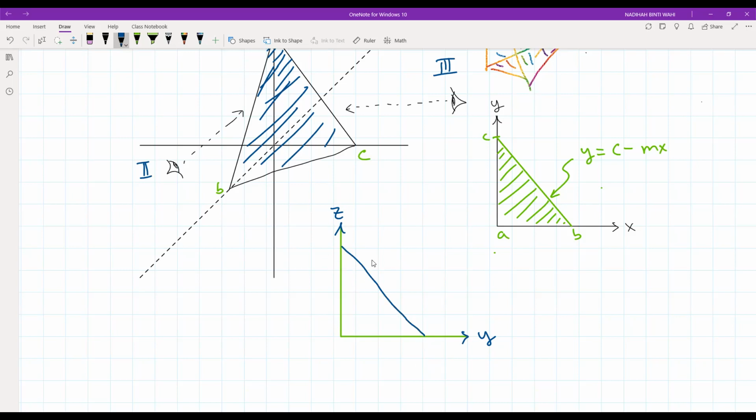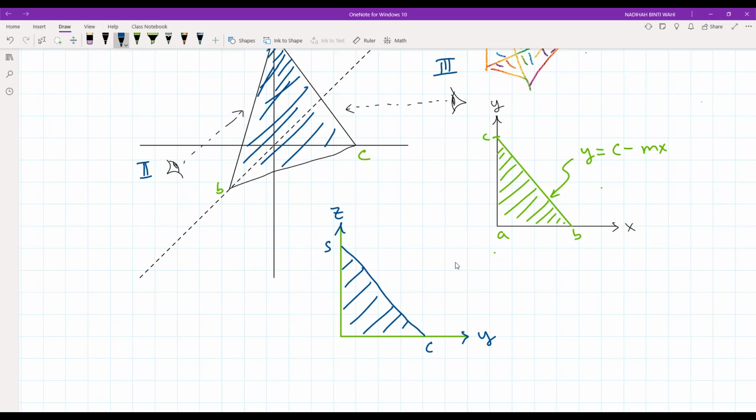Now, the only difference is that the limit is now from this to that. So in this case, it's not a problem whether it's type 1, type 2, or type 3, because all three form a triangle. As long as you know how to use it, there is no problem.